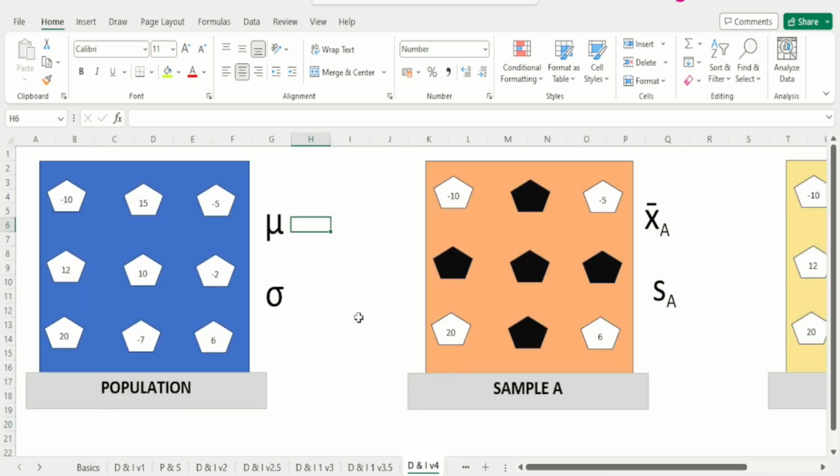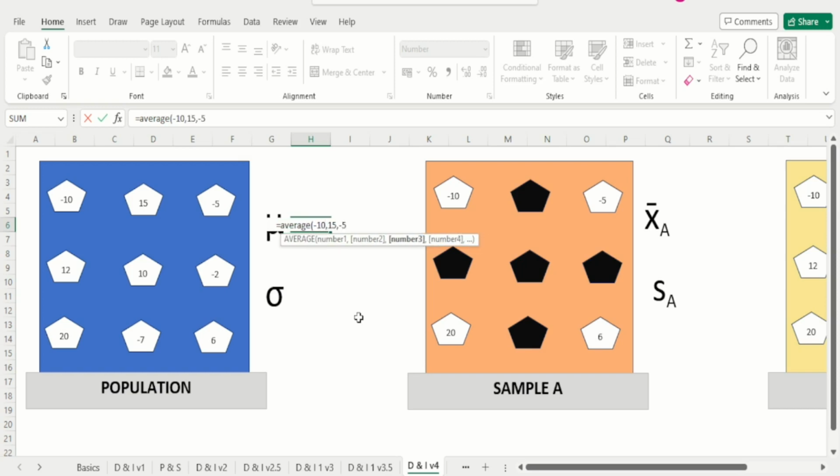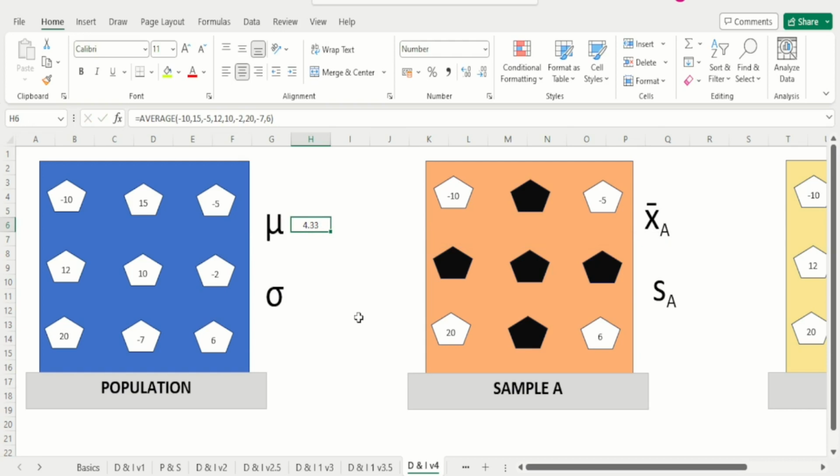Now, for a quick demonstration on this, let's say we were to generate the mean of this. In order to generate the mean, remember, mean is given by average, and then we simply enter all of these data points. Just a few more, and there we are. So the mean is 4.33, right?